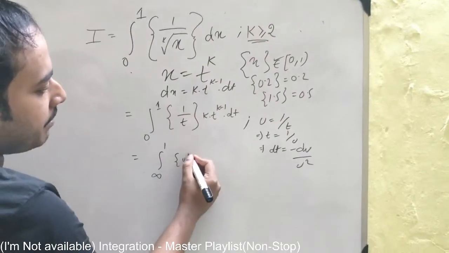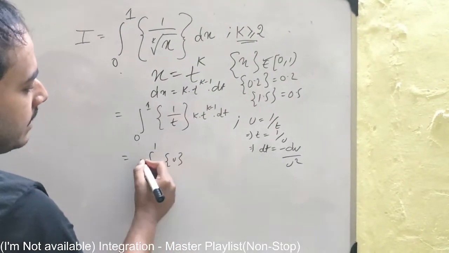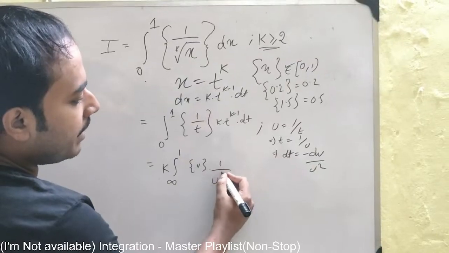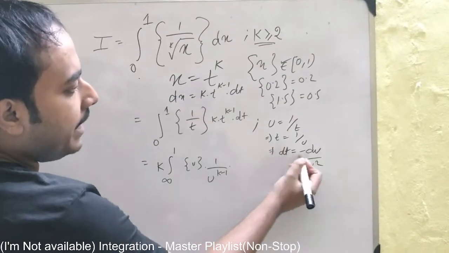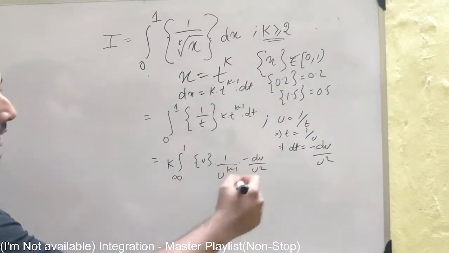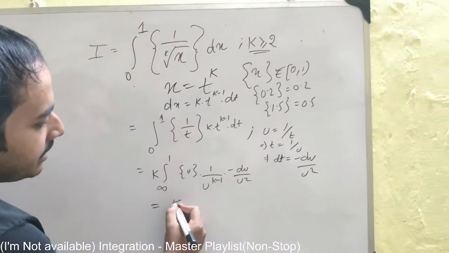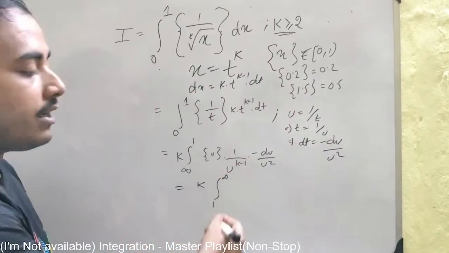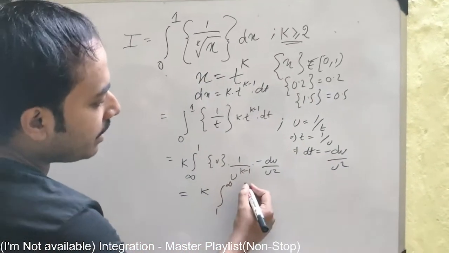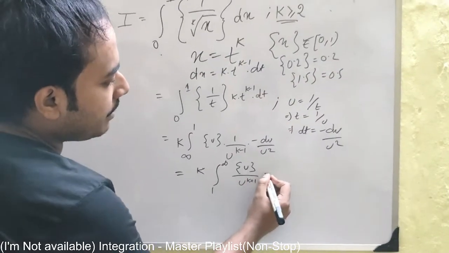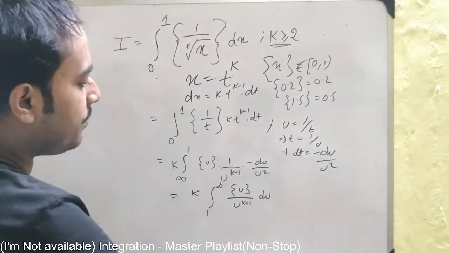Inside we have fractional part of u, k is as it is, let's put it outside, and then t to the power k minus 1 becomes 1 by u to the power k minus 1, and dt becomes minus du by u square. We can simplify this and write this as k times the integral from 1 to infinity, since the minus sign basically reverses the order of integration, of fractional part of u divided by u to the power k plus 1 du.